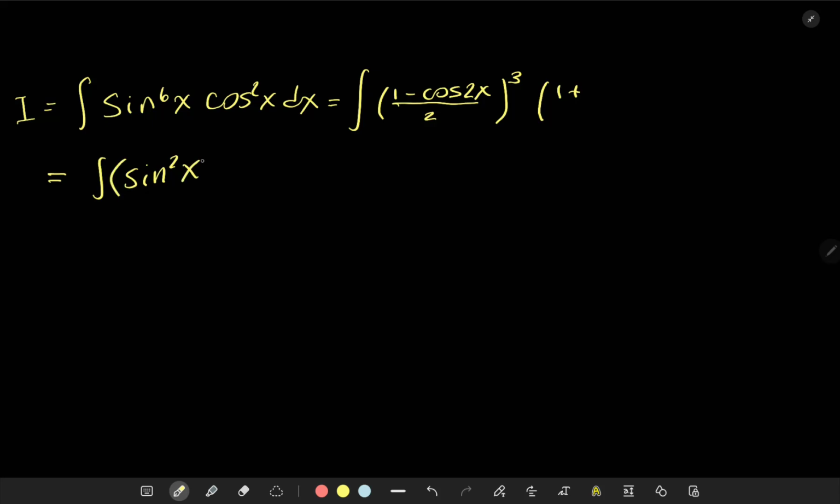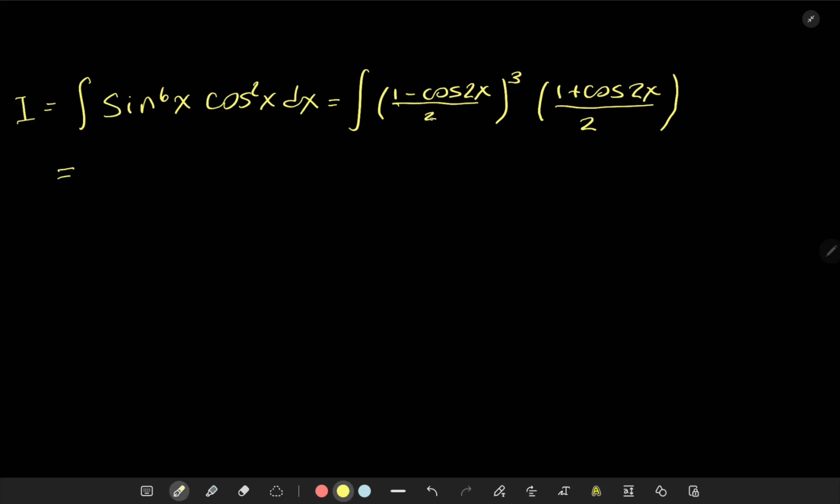So you have to write a sine square of x and then write it cubed and then cosine square of x, because you do have a formula for the cosine square. So that's going to be cubed, my bad. And then plus cosine of 2x. That one does not have any power anymore because it's just the formula for the cosine square. All right, so that's where your exponent should be. Now I'm going to pull the constants out.